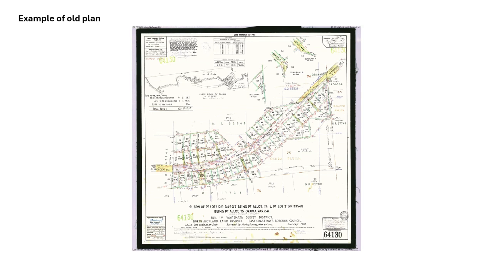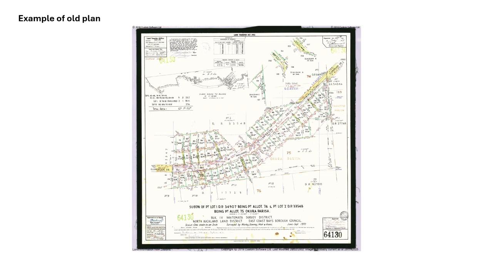But this is an example of an old survey plan from the North Shore in Auckland. And you can see a few interesting things here if you compare it to new survey plans. I just wanted to pull your attention to a few of these things.